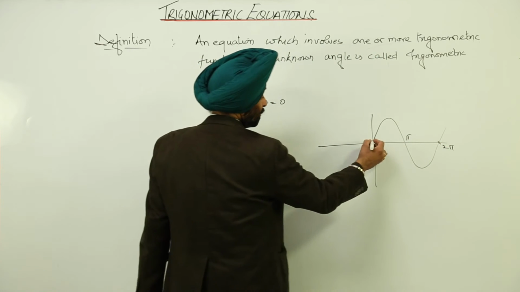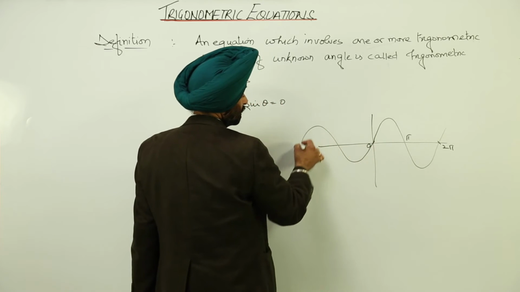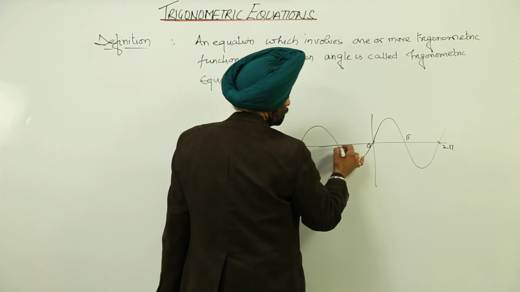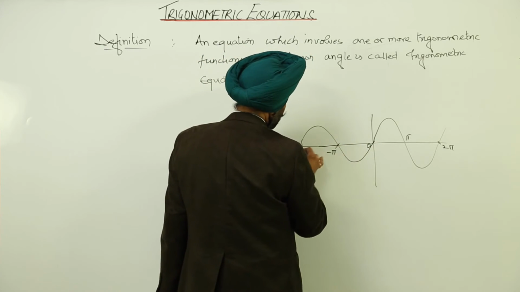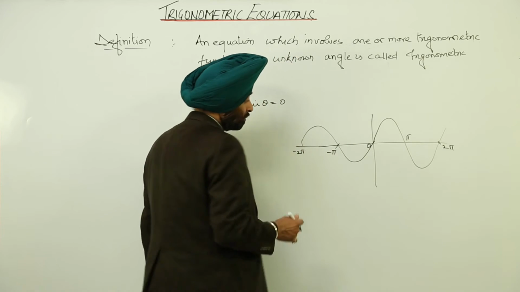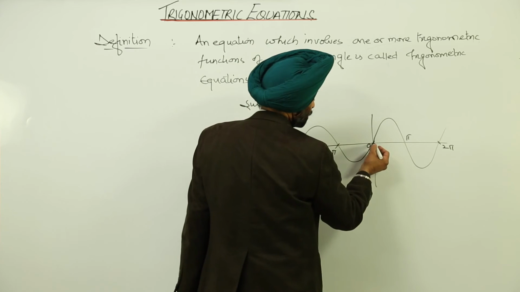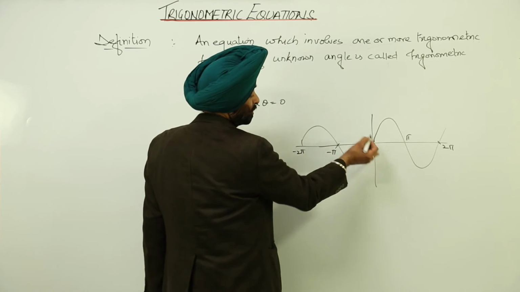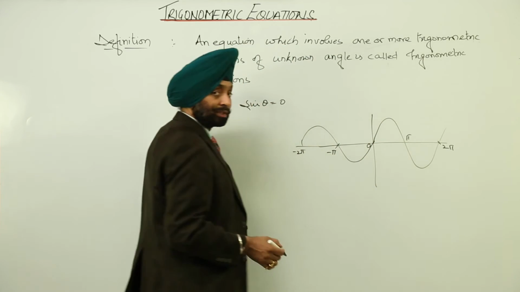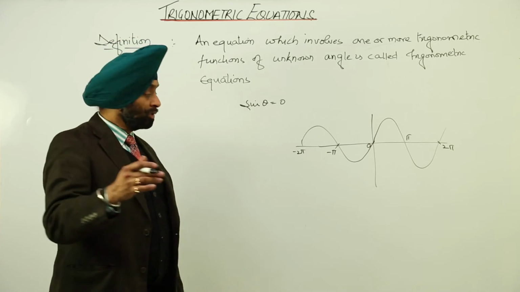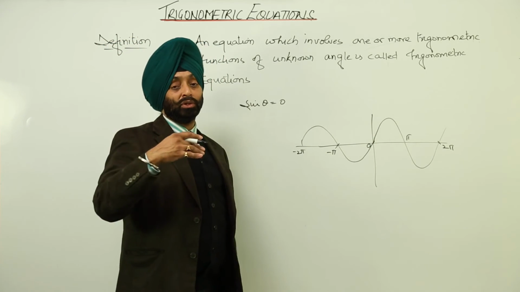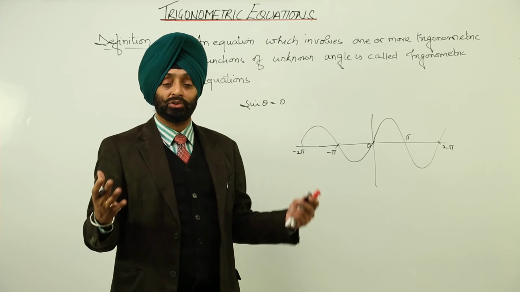Moving this side, this is negative pi, this is negative 2 pi. So graphically it indicates that when theta is 0, it is 0. When theta is pi, sin pi is 0, sin 2 pi is 0, sin negative pi is 0. So there can be numerous values.